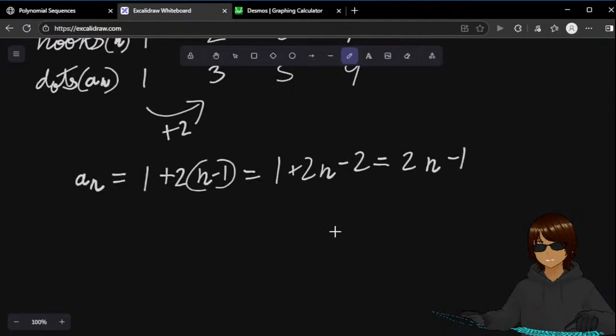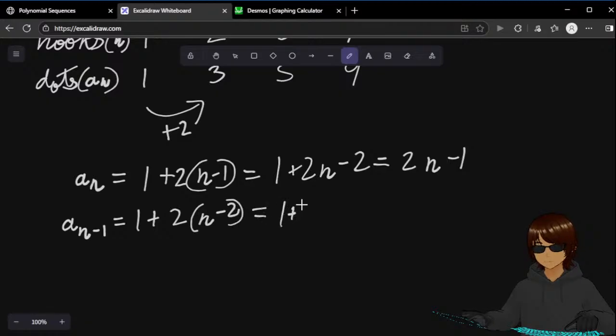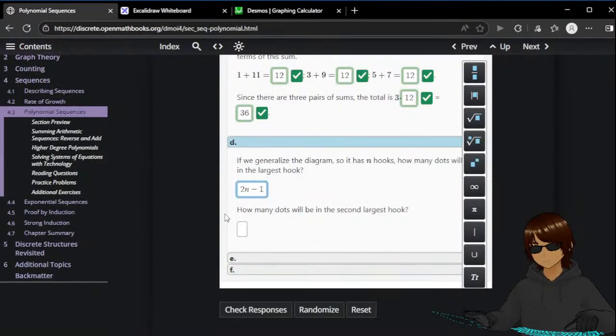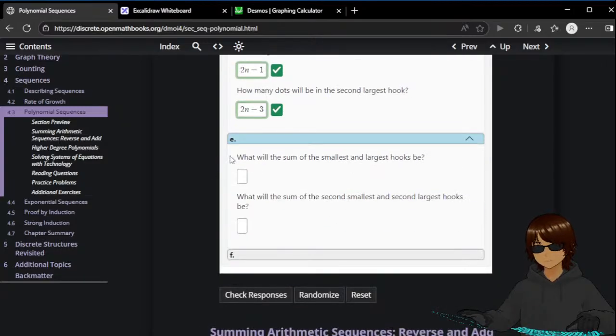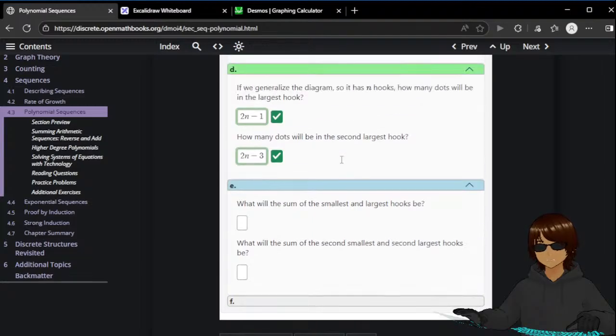How many in the second largest? 2n minus 3. What will the sum of the smallest and largest hooks be?